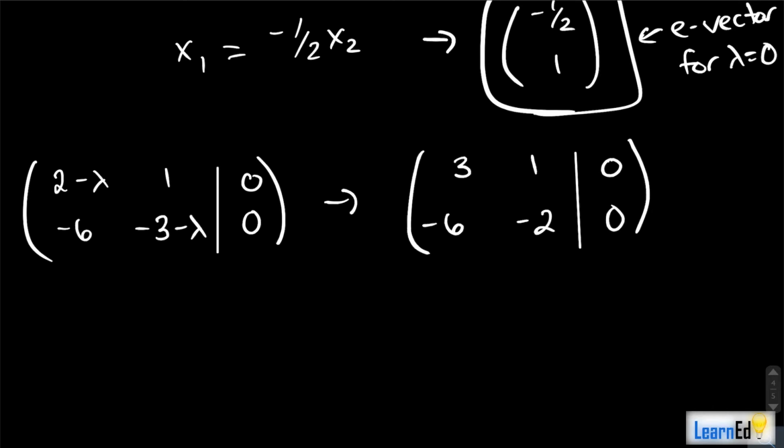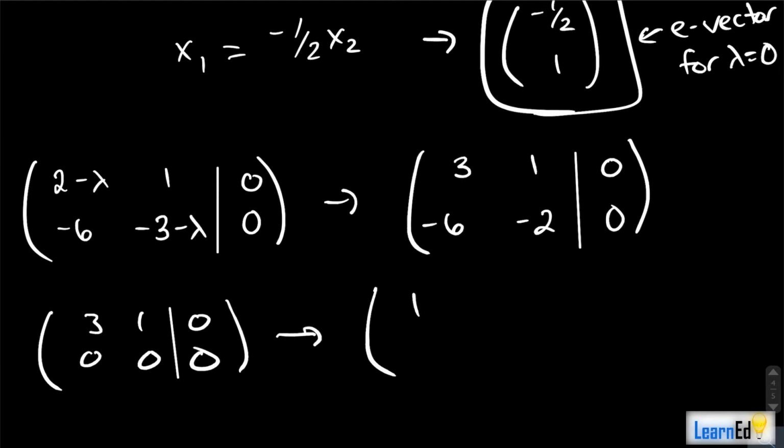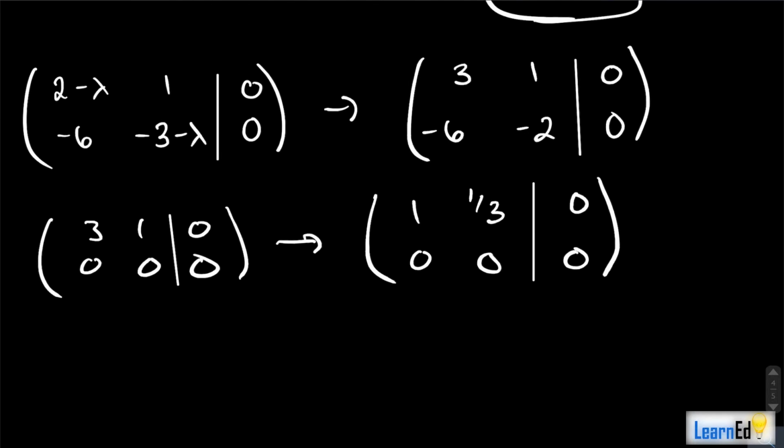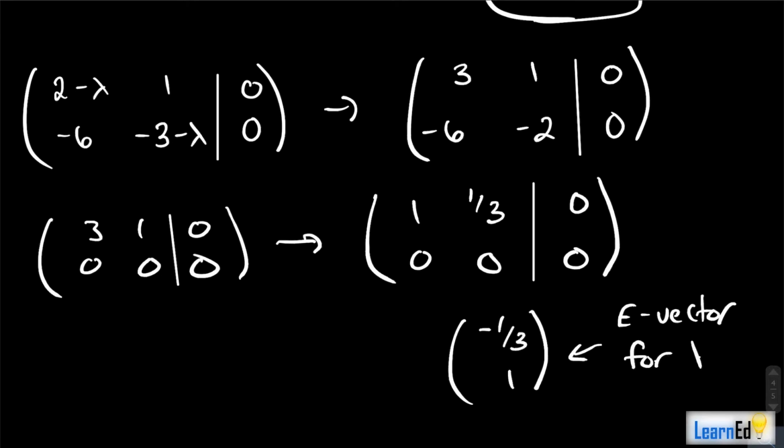So we get again that the second row is a scalar multiple of the first row. We just multiply by negative 2 this time. And so we get 3, 1, 0, 0, 0, 0. And so we get 1, 1/3, 0, 0, 0, 0. Now that vector is instead negative 1/3, 1. That is the eigenvector for lambda equals negative 1.